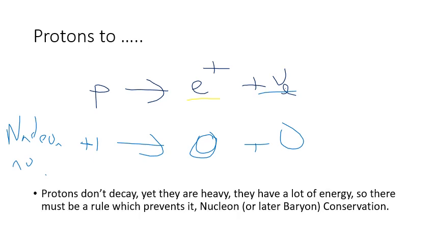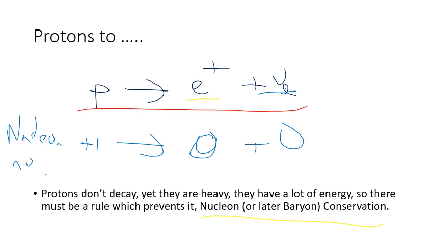We know that nucleon number must be conserved because we know that the proton doesn't decay. There has to be a rule preventing the proton from decaying, because the proton's heavy. Proton's got a lot of energy. Proton would like to find some way to share that energy out amongst other particles and get to a lower energy state. And theoretically, it could do that via this thing up here. But our nucleon number does not allow it to do that.